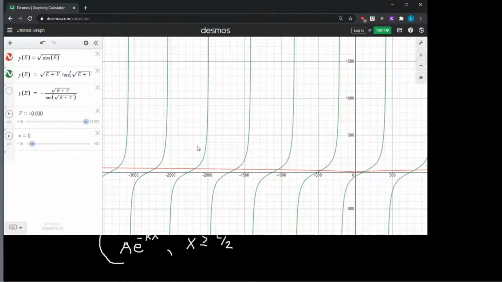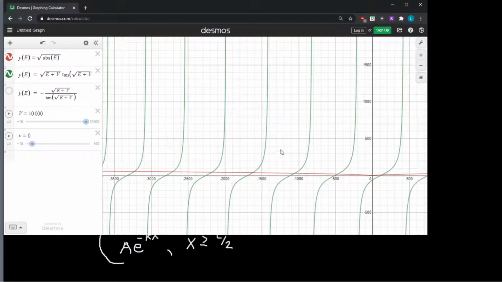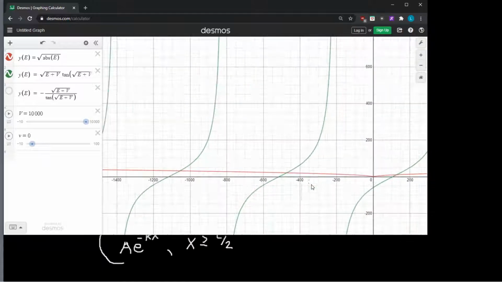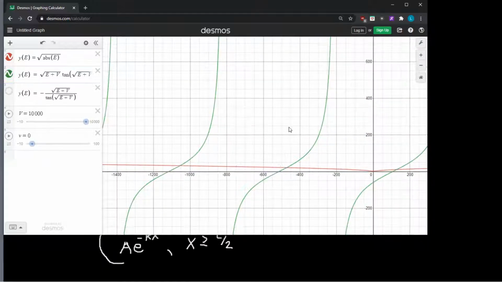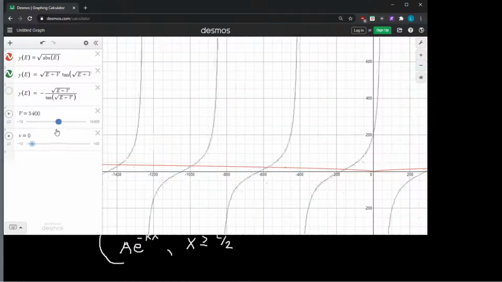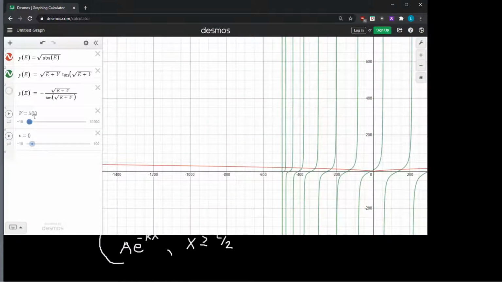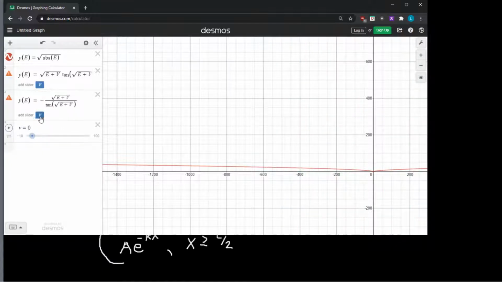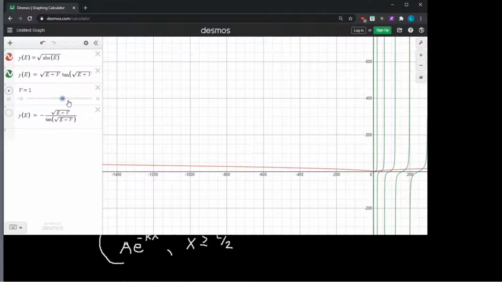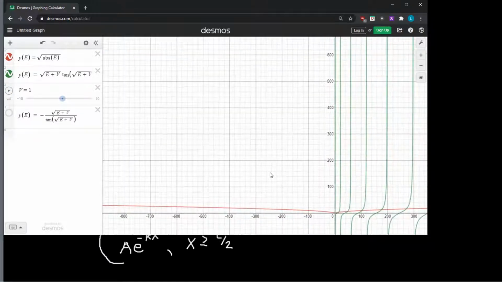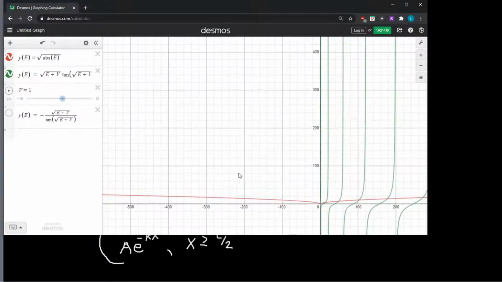Here you can see, as you make V bigger, you get more and more intersections, and hence more and more eigenenergies, more solutions. So that's another key difference between this problem and the infinite square well: we don't have an infinite number of solutions.